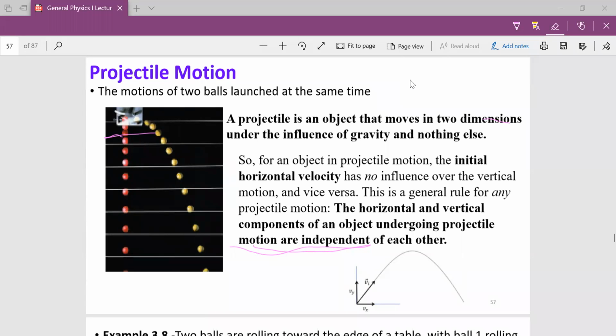Okay, so today we'll be talking about projectile motion, and we'll be discussing this neglecting air resistance. We're not going to factor air resistance in our discourse. So we're going to assume that all the objects we are looking at, we are able to ignore air resistance to the effect of their motion, okay?